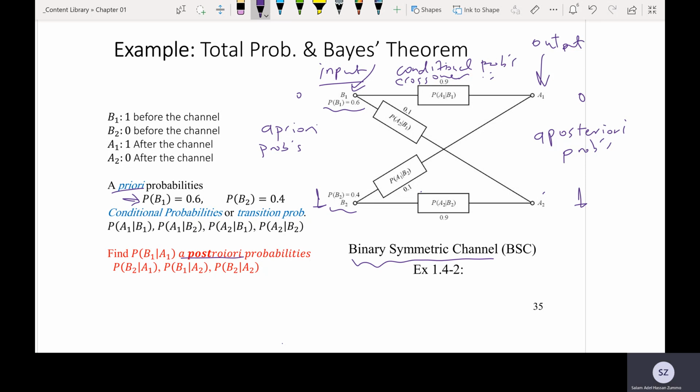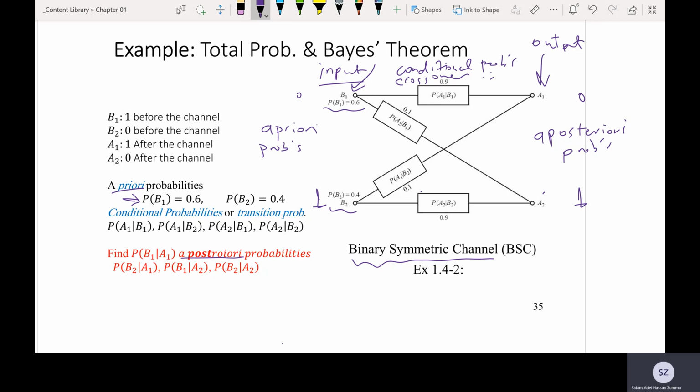The idea is: I received 0, and I want to know whether there is a high probability that I transmitted 0, meaning that what I received was correct, or whether I received 0 and there is a high probability that what I sent really was 1 and I made an error. So I'm interested in finding whether, as the receiver, what I received as 0 is correct. Is this what I sent?